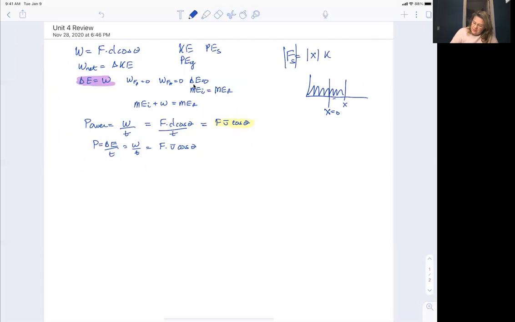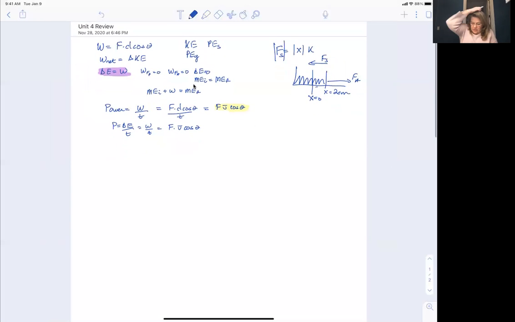This is x, some positive number, we'll call that maybe 2 centimeters. The force of the spring, I'm having to pull that with my force applied. Which direction is the force of the spring pulling? Trying to get back to equilibrium. So the displacement was to the right, the force of the spring is to the left. So they're always opposite in direction.